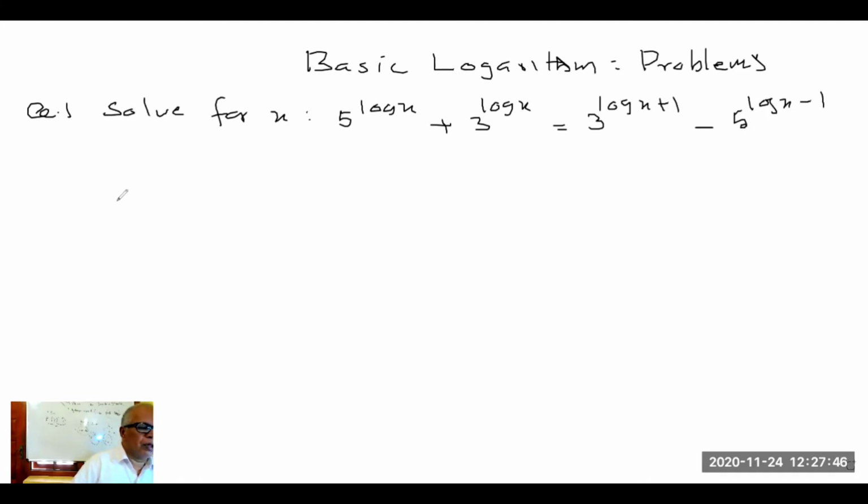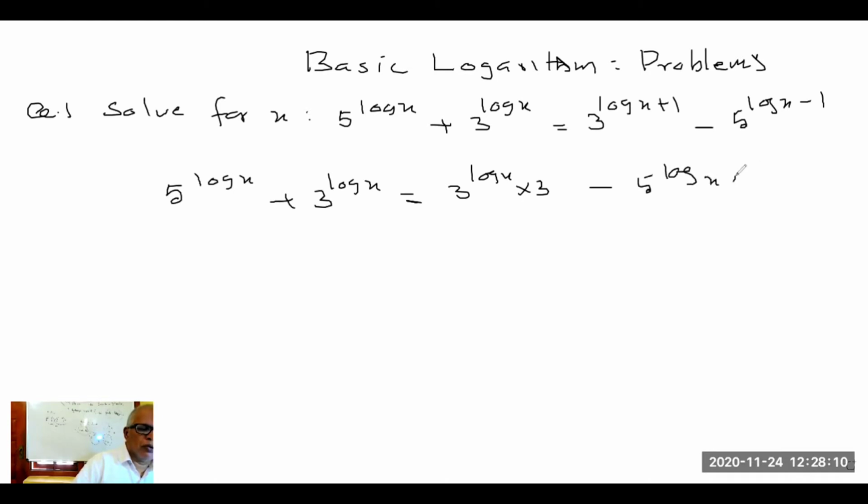So, we'll start the solution now. It's a very simple sum. Here, 5 raised to log x plus 3 raised to log x is equal to 3 raised to log x into 3, minus 5 raised to log x into 5 raised to minus 1.